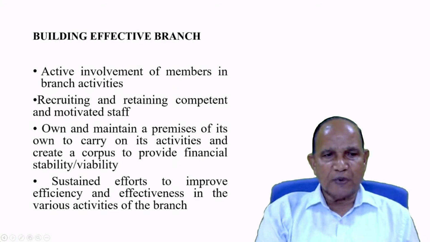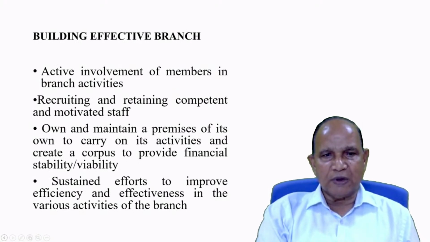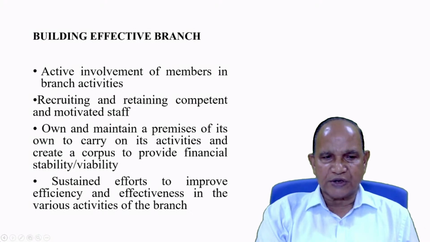Then there should be building of effective branch. We know that the organization may be having different branches at different places. So the branch activities should also be effective. And there should be proper involvement of the members in different branches. There should be proper recruitment, training, and retaining of competent and motivated staff in different branches.